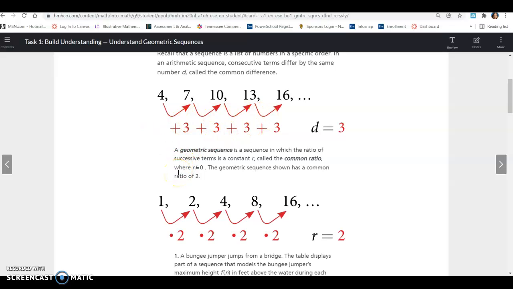A geometric sequence, you have a common ratio, which means you multiply to get to the next term. 1 times 2 is 2, 2 times 2 is 4, 4 times 2 is 8, 8 times 2 is 16. So our common ratio is 2, okay?